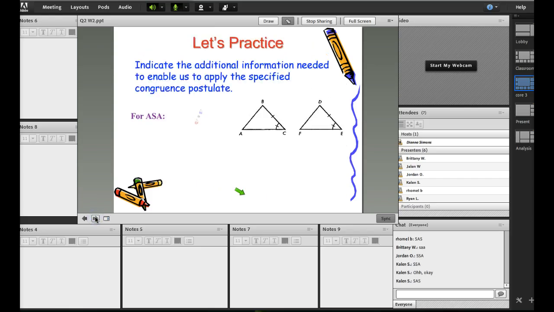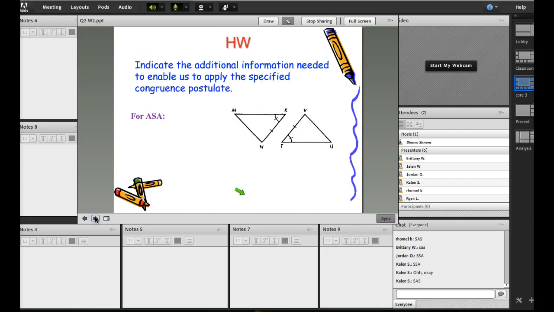Okay. Indicate the additional information needed for this one. For angle, side, angle, what do I need? What angle, what side? What do we need? Angle N and angle V. Kaylin, what do you think?